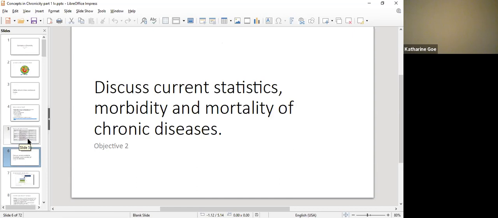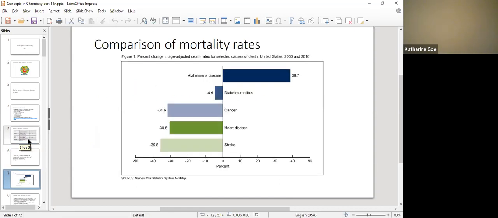So let's look at some current statistics, morbidity and mortality of chronic diseases. This is an interesting little graph that illustrates the percentage change in the death rates for different chronic illnesses. And you can see that with some chronic illnesses, this shows improvement.